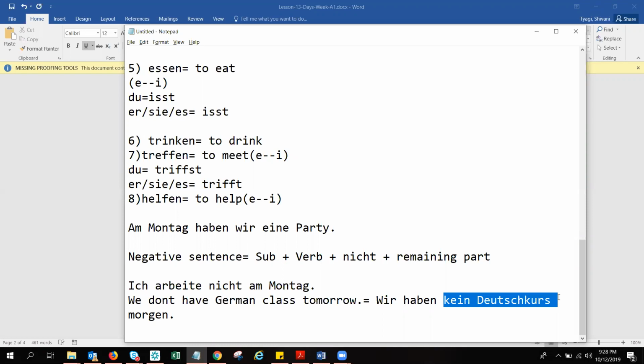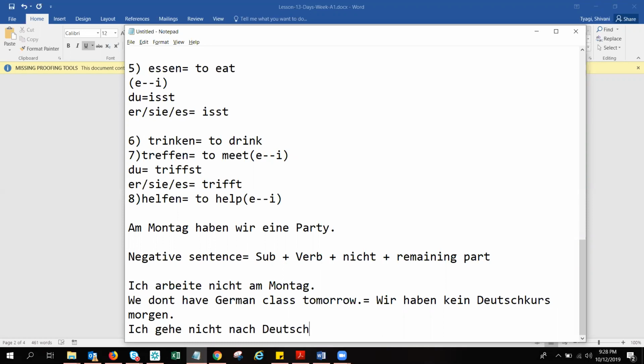Okay. So whenever you are using this no for a noun, in that case you are using the kein form. Like you're saying we don't have German class, so we have no German class. Basically, the meaning is this: we have no German class. If I say I will not go to Germany, in that case, ich gehe nicht nach Deutschland.